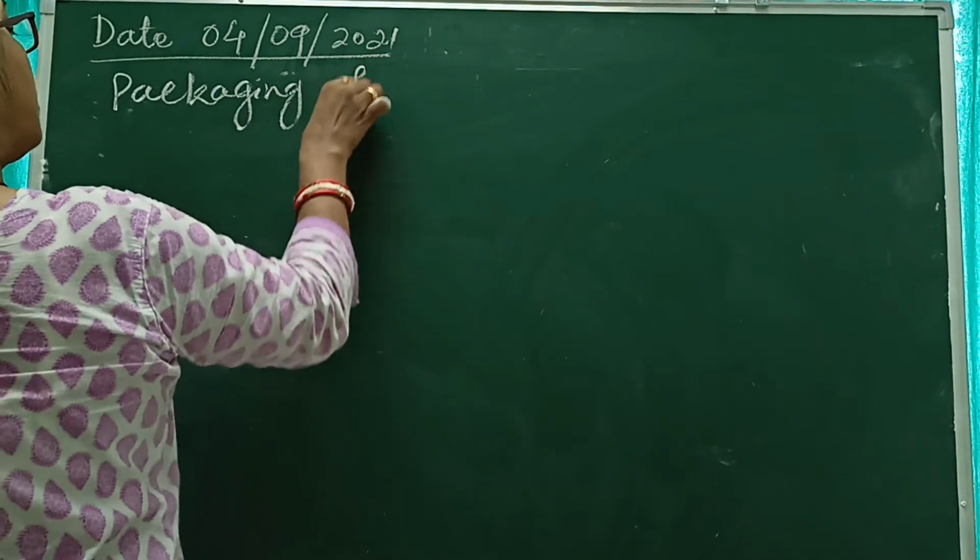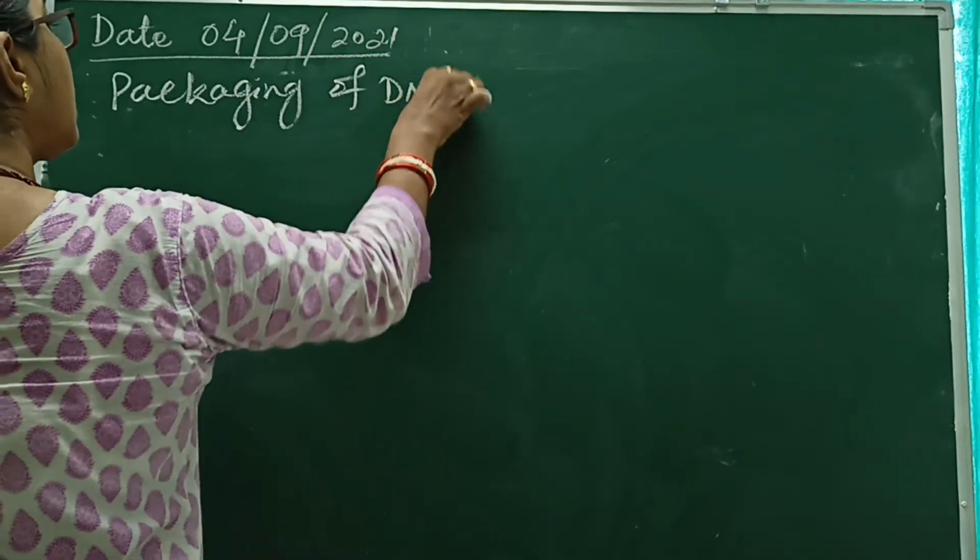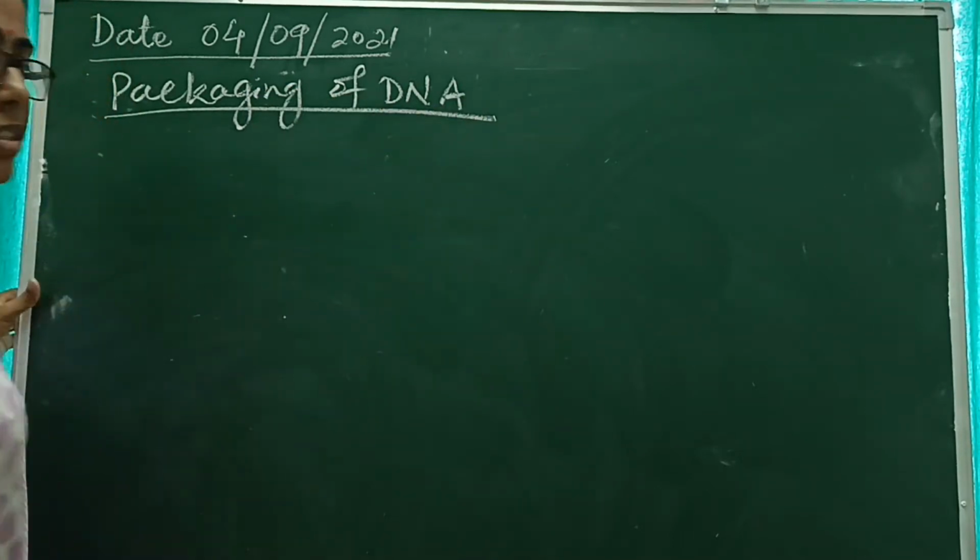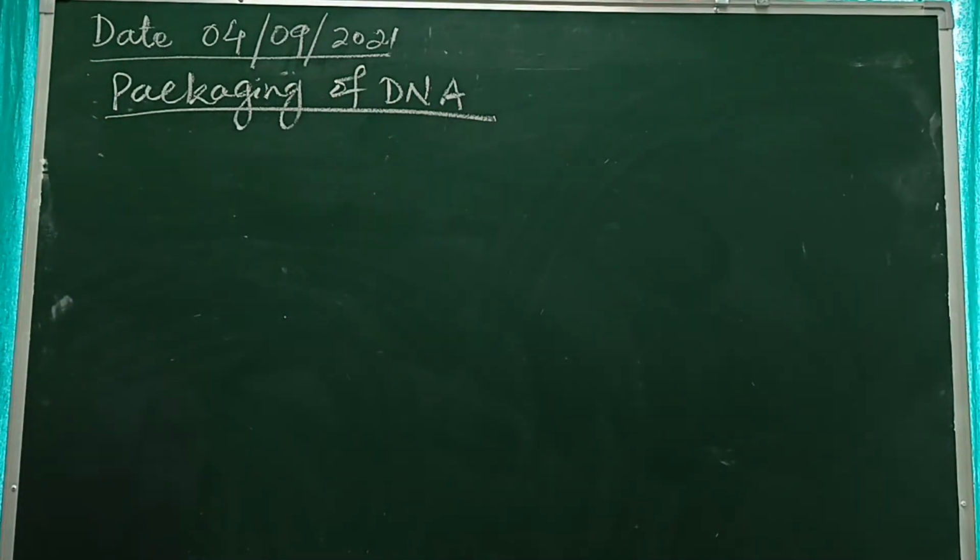Children, you will want to know how such a big DNA is accommodated in such a small nucleus. And in the last class, I told you about the length of the human DNA.